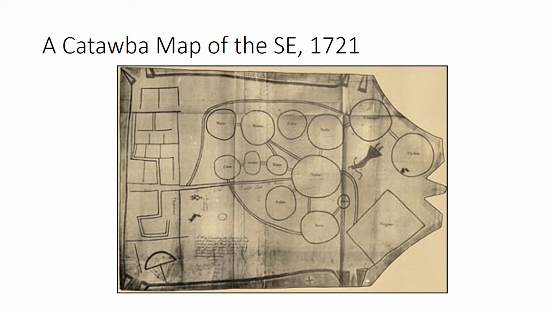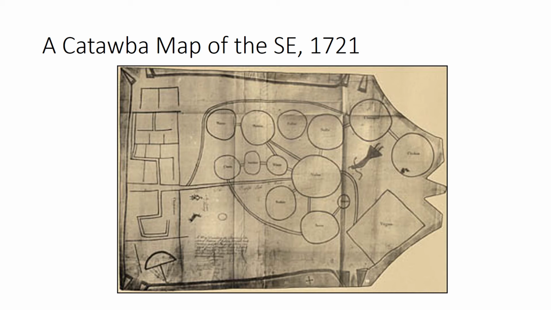So, right off the bat, we've got this representation of European places, of colonial places, as squares, as boxes. And then all these circles in between them represent different tribes, different groups of American Indian people.